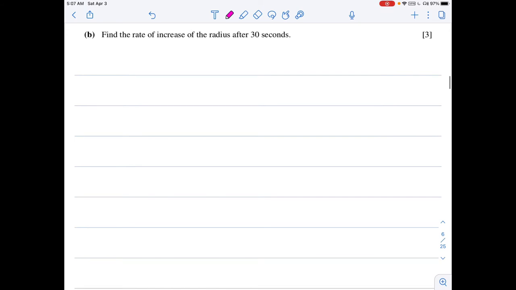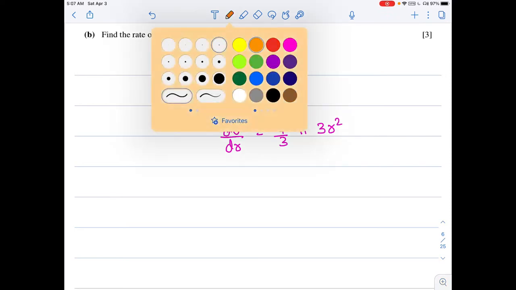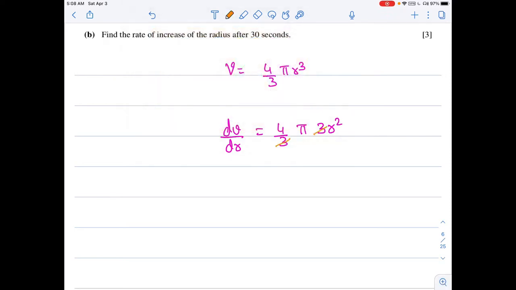Next, find the rate of increase of the radius after 30 seconds. So we know that volume is equal to 4 by 3 pi r cube. dV by dr is equal to 4 upon 3 pi, and the derivative of r cube is 3r square. So I can cancel 3 and 3. Now what am I going to do?